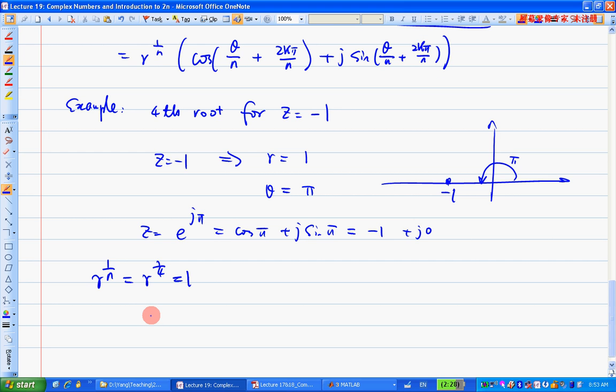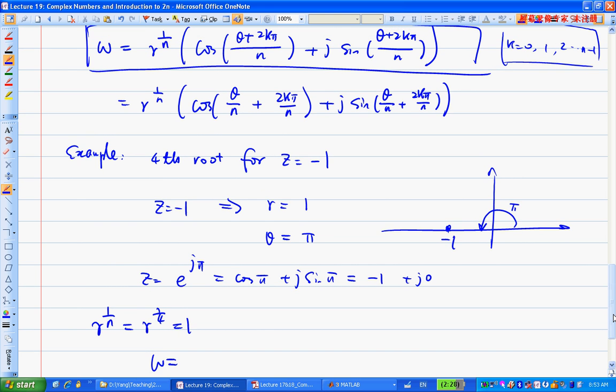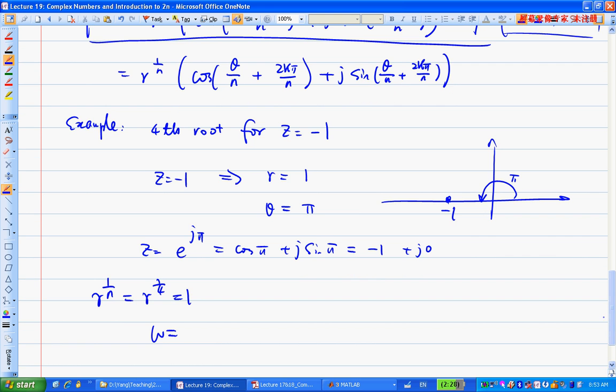And my w, if I go back to my formula for w, will be cosine of theta, in this case pi, over n, which is 4. This is w, according to this formula.